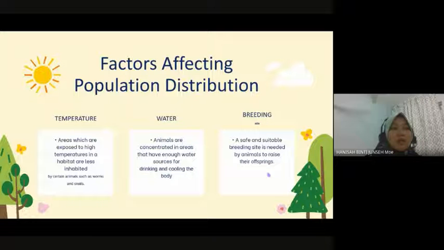They are not exposed to their predators and all that. So they are looking for areas that are safe and suitable to raise their offspring, of course.